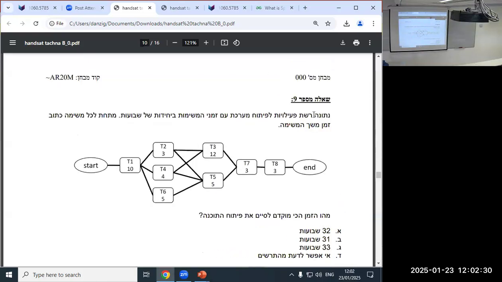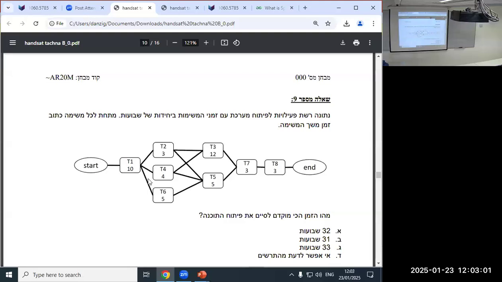Okay, given this WBS, and it has the times in it, and each one is a shavua, a week, and it's written how long it is. When will the project be finished at the earliest? Start, end. What do you think this is?